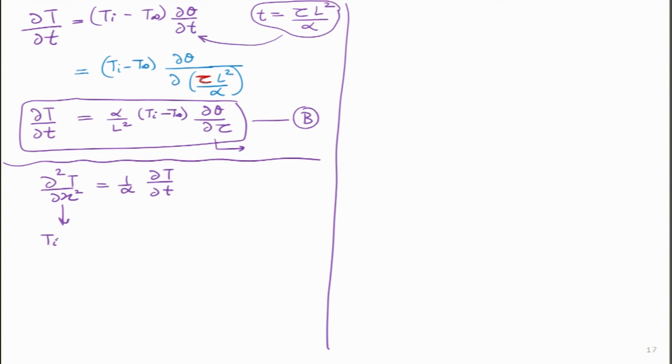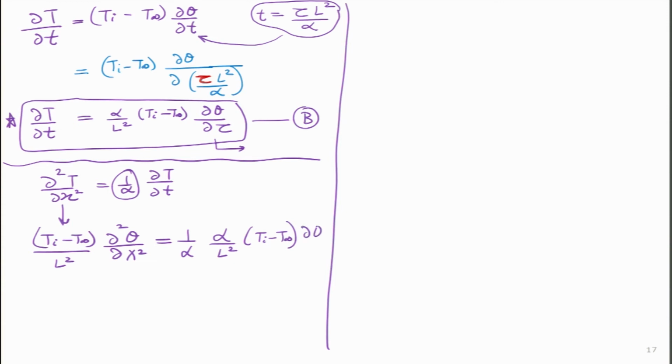I got T I minus T infinity by L square del square theta by del x square is equal to this first term 1 by alpha multiplied by equation B. Equation B gives me alpha by L square T I minus T infinity into del theta by del tau. So this is what I got over here.